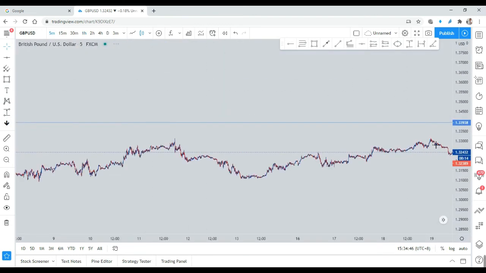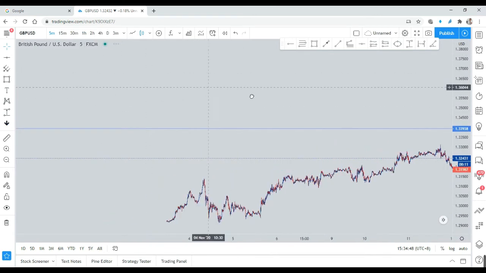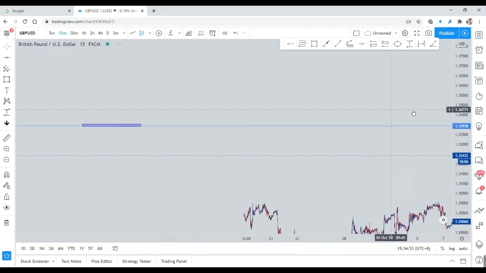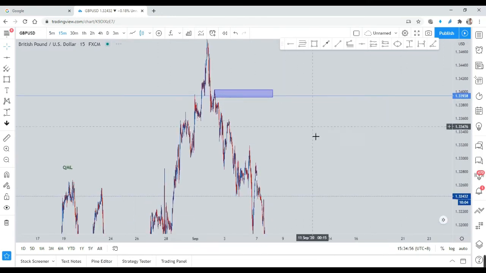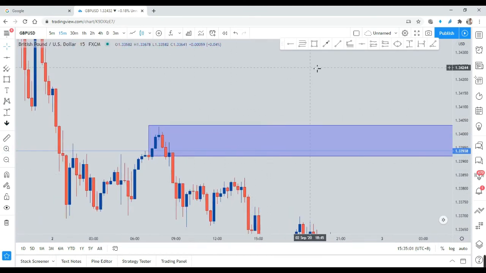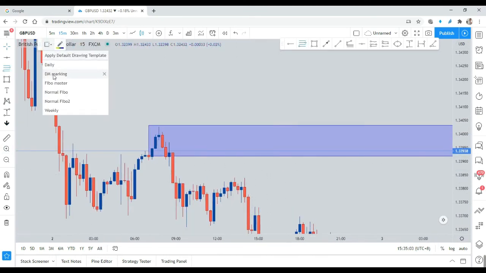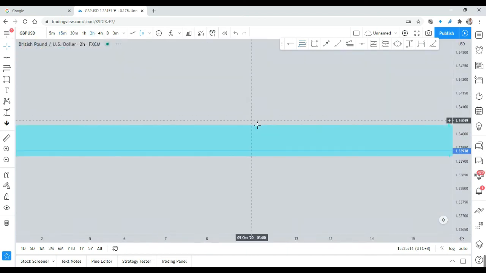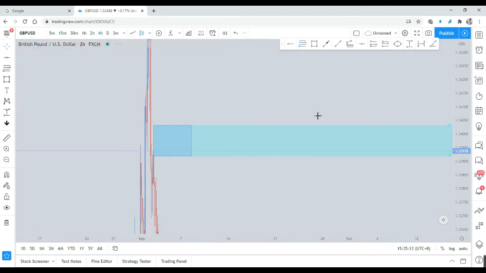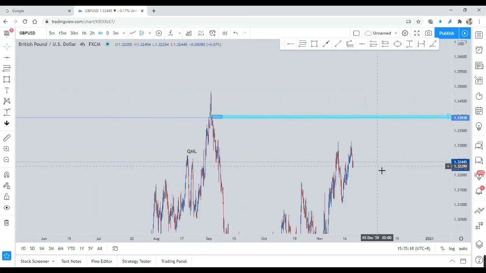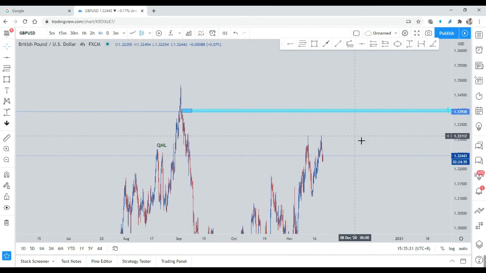I just learned a new way to extend my box, by using the Fibonacci tool. All right, so this will be my Q zone. This will be my Q zone for a trade to come back down. All right, this will be my Q zone.